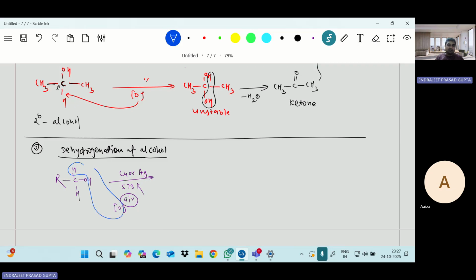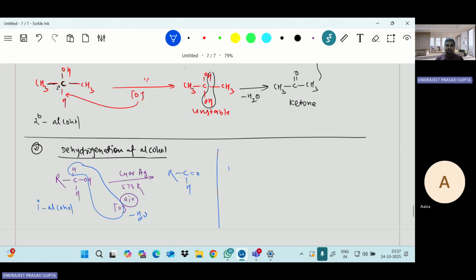So here hydrogen is eliminated. This is called dehydrogenation. It becomes H2O, and this is RC=O H, which is an aldehyde. So primary alcohol gives aldehyde.